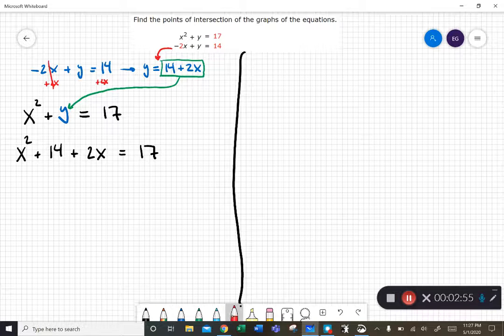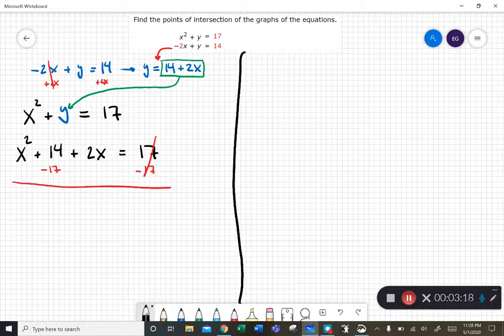There's many different ways we could solve this problem. At this point we could use the quadratic formula, we could try to factor, or we could use completing the square. I'm going to try to see if this thing factors. So let's subtract 17 from both sides, and we'll use the zero factor theorem.